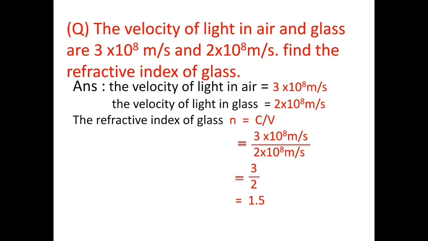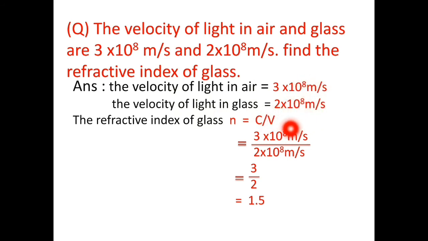The velocity of light in air and glass are 3 into 10 to the power of 8 meters per second and 2 into 10 to the power of 8 meters per second. Find the refractive index of glass. Here we have the formula n equal to c by v to find the refractive index. Here n is the refractive index, c is the velocity of light in air and v is the velocity of light in glass.